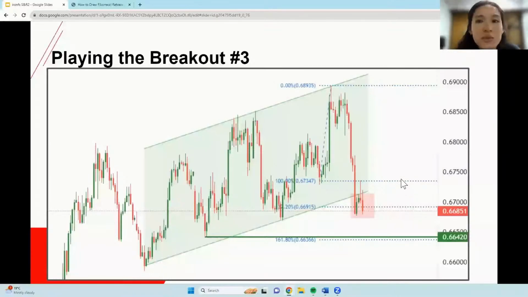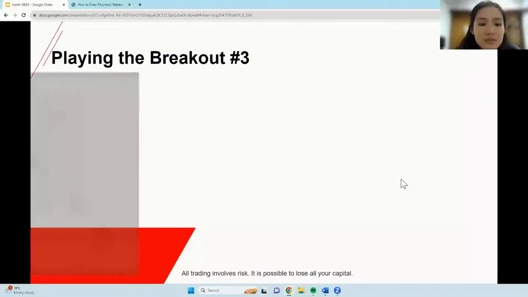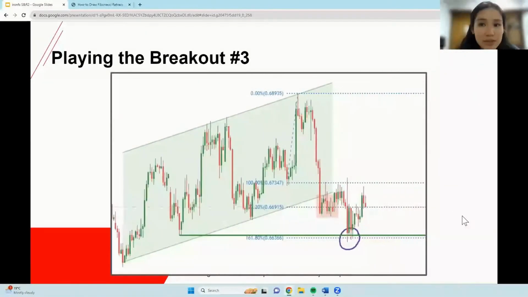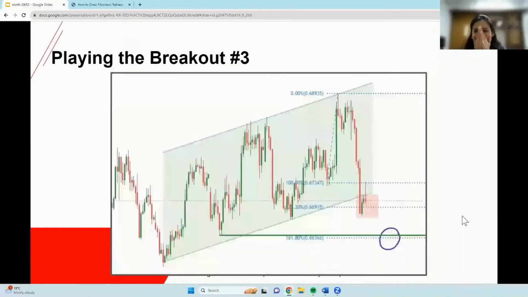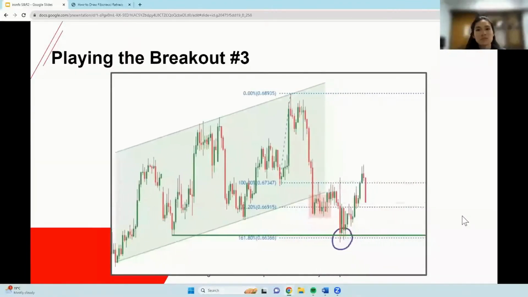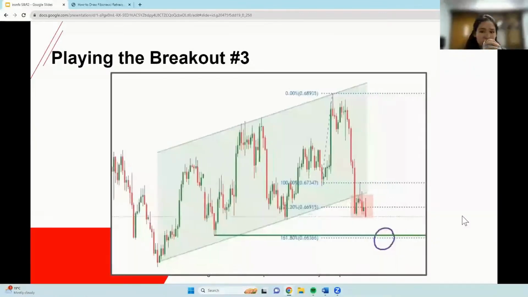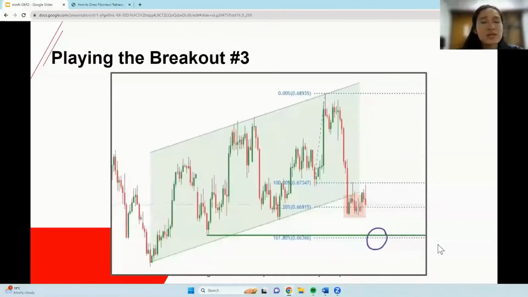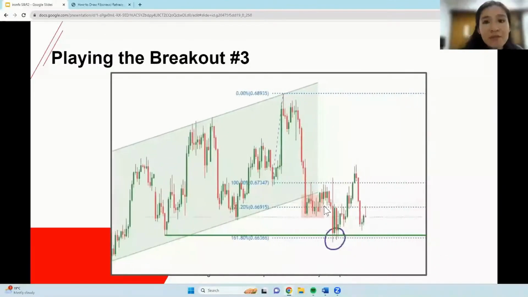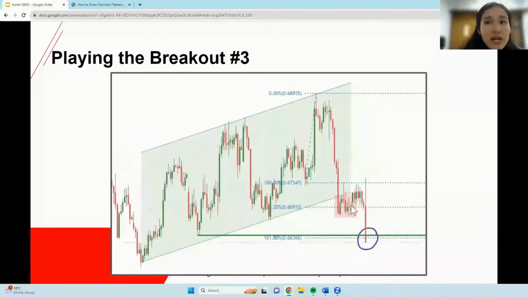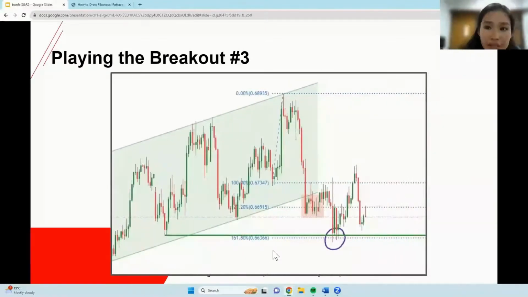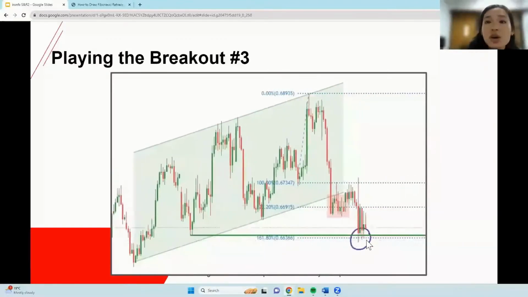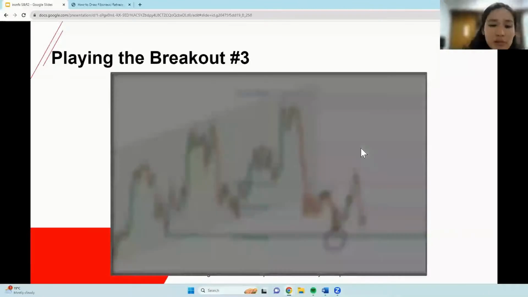We want to make sure that we line up Fibonacci with graphical levels as much as possible, and you can see that's exactly what happened. Price broke the 127.2% level and went all the way down to 161.8, just as we expected, caught our trade, and then shot back up.